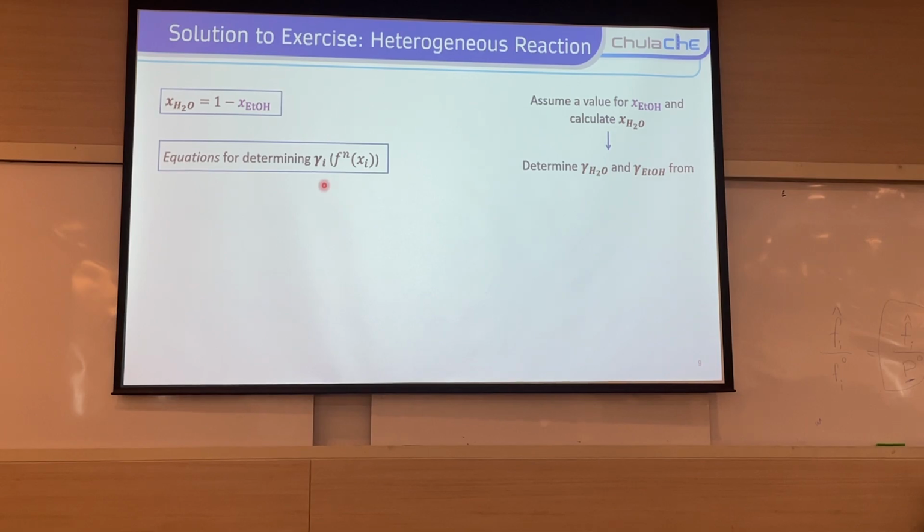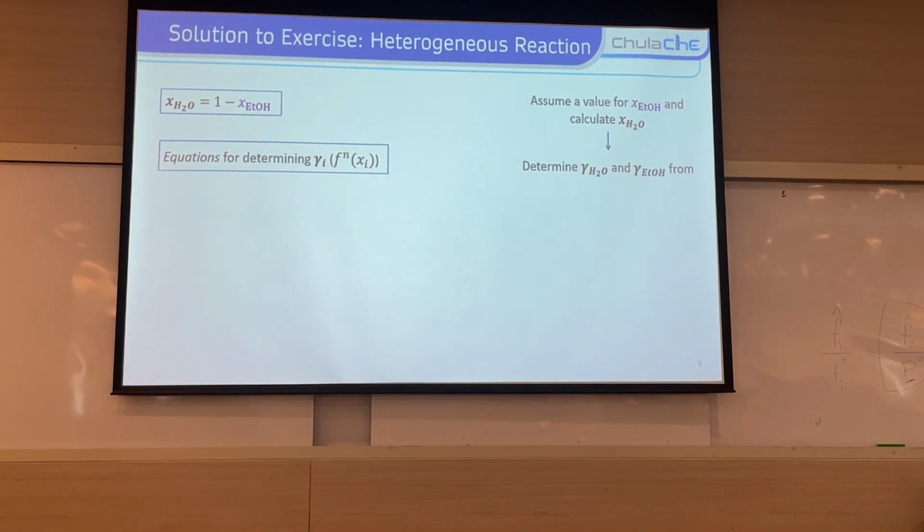So far you have used the NRTL model, you have the Wilson equation, you have UNIFAC, which were done in the exercise. So in that case, you just choose the model that you want to use for determining the activity coefficient.